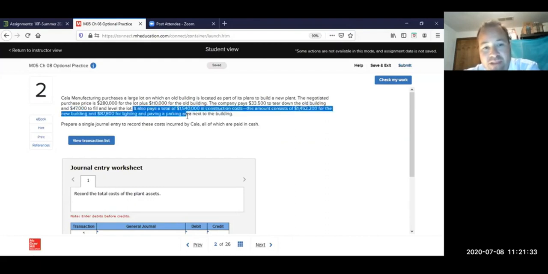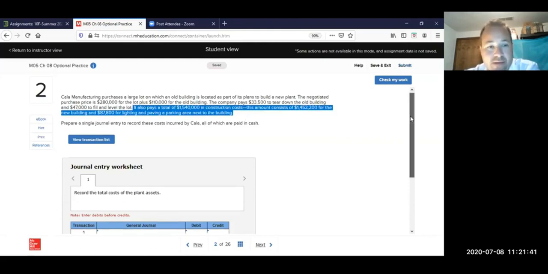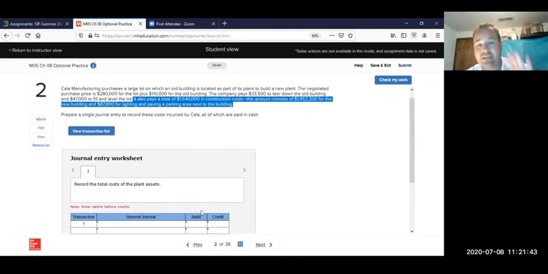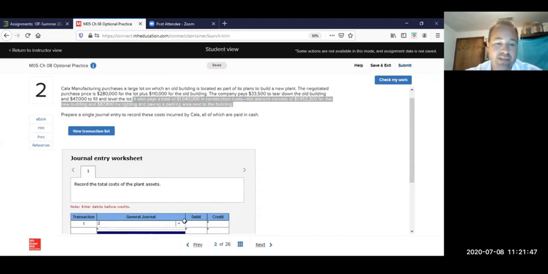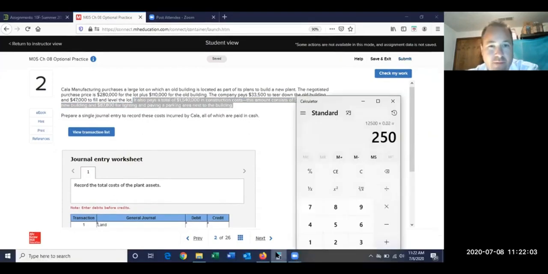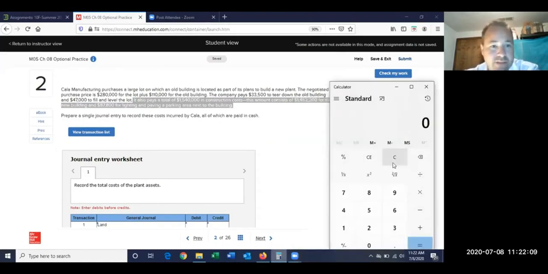The rest of this is putting on new buildings, so I'm going to worry about that in a minute. Let's just worry about these first few items. These are all items that get the land ready to use. So when I debit land, I'm going to put in the cost of the land, and unfortunately the cost of the old building, because I had to pay for that.